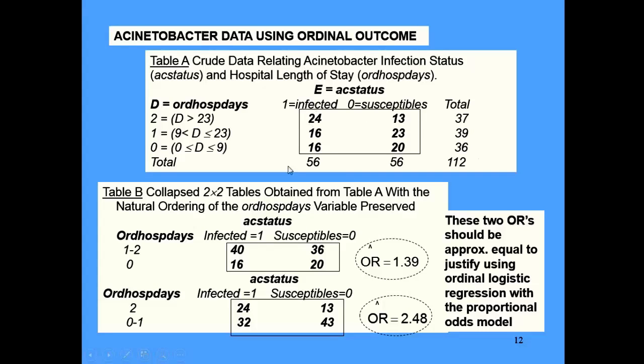So 24 and 16 were 40, and 13 and 23 were 36. I compared that to the last row, the reference group. And then to get the second table, I combined the 0 and 1 groups and left the second group. So I have these two tables, okay?